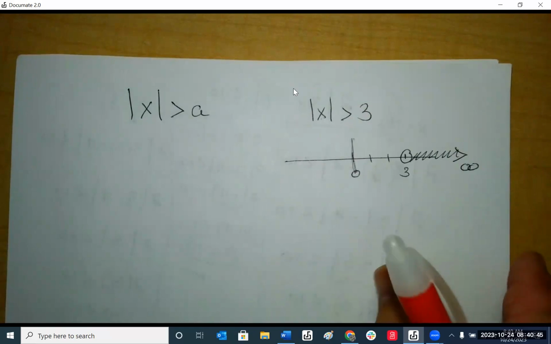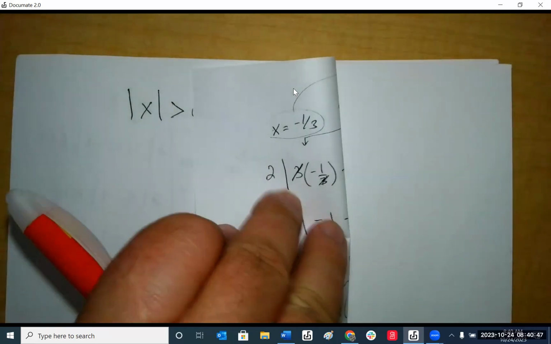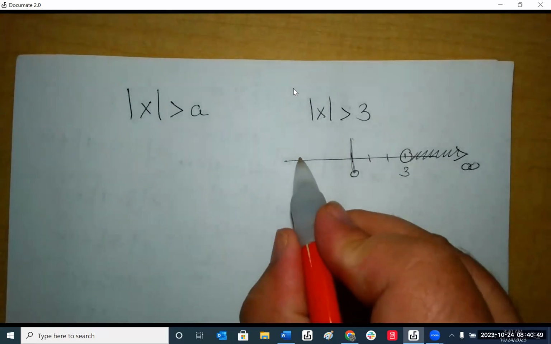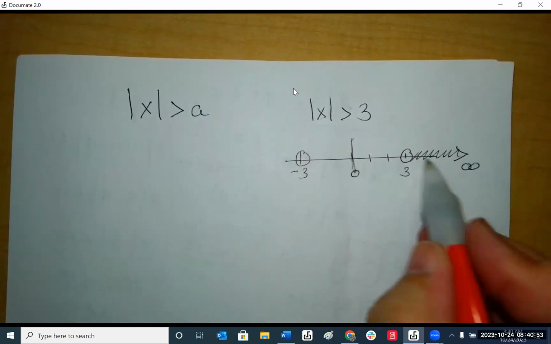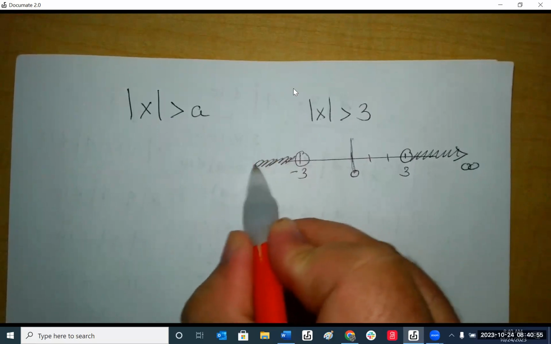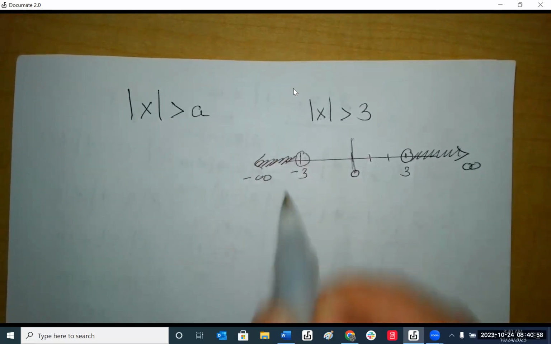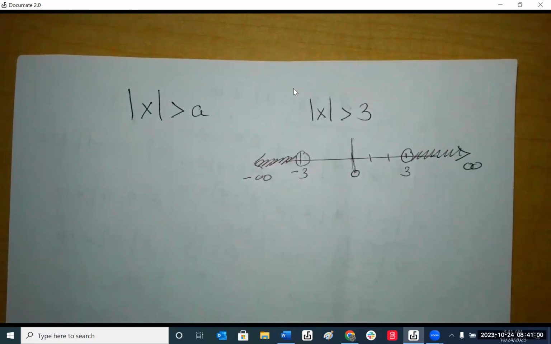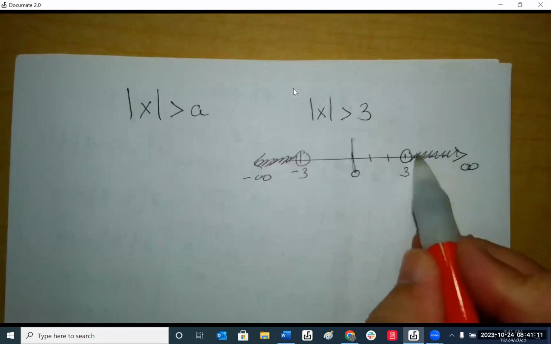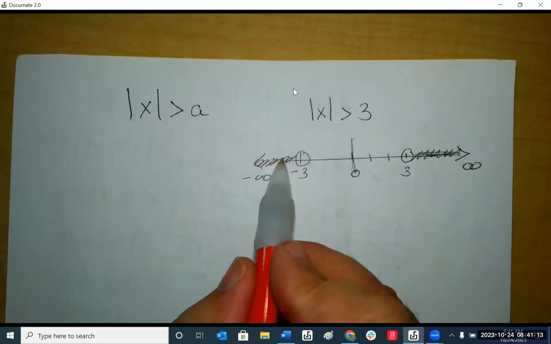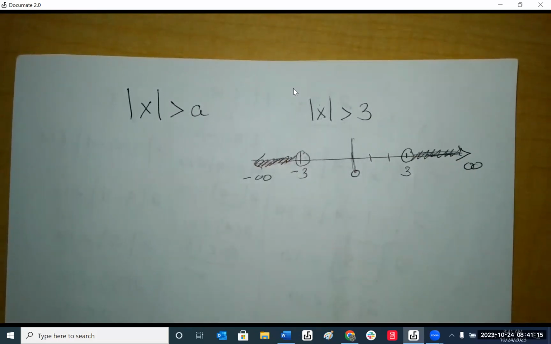If we fold it across 0, then we have a mirror image at negative 3, and it goes away from 0. So if absolute value of x is greater than 3, it goes to the right, which also means that there has to be one going the other direction.